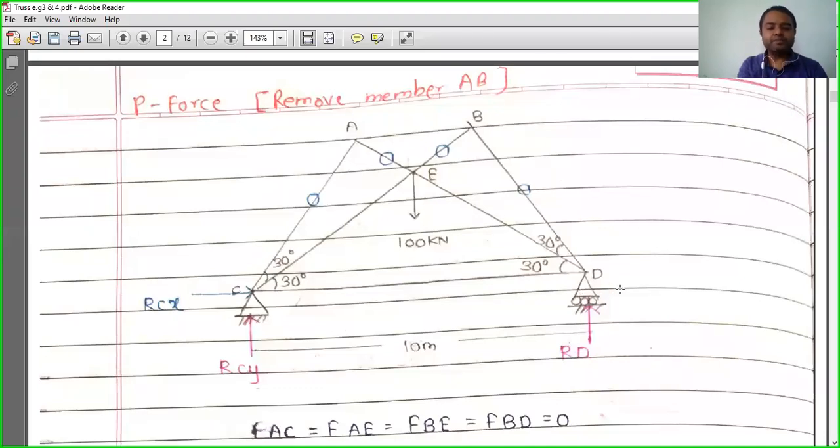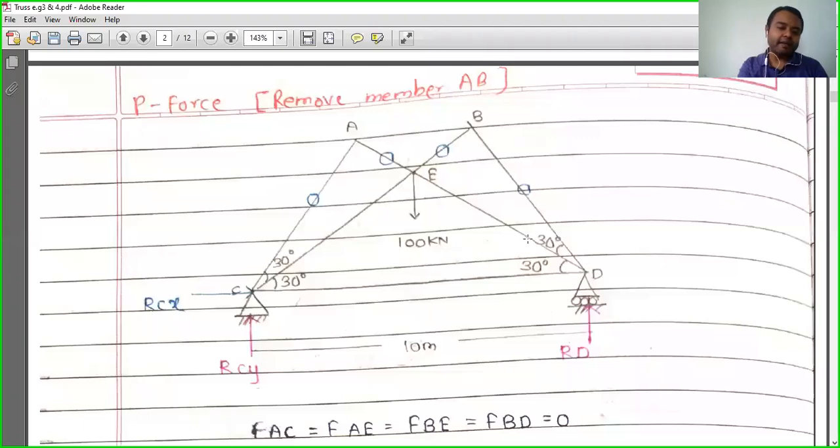So as the given structure is totally symmetric, symmetric from the point of view of loading, support reactions, and geometry, whatever force exists in the member CE will exist in the member ED.